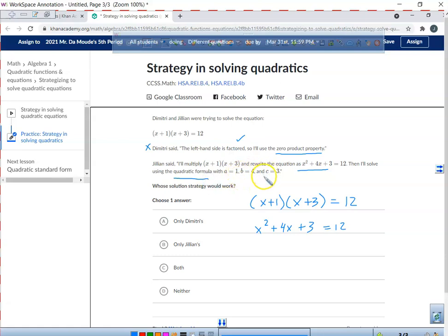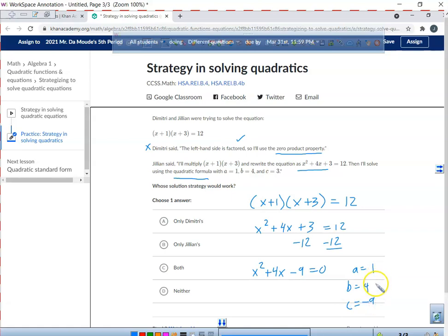Where did she mess up? In order to use the quadratic formula, what would she have to do first? Subtract the 12. Because that's the only way you could use the quadratic formula. So technically, if she said, then you would subtract 12 from both sides, and my a value would be 1, my b value 4, and c value −9, then she would be right.